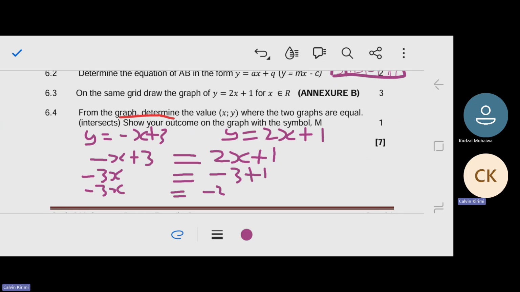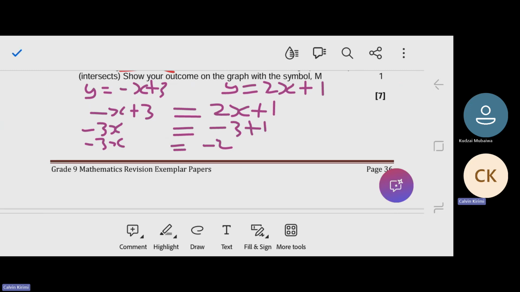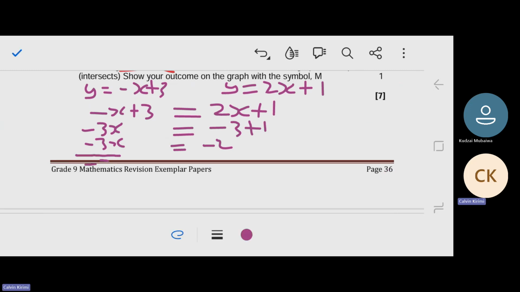So the correct value for the point of intersection in the x, you divide by negative 3. Meaning that the x is going to be equals to 2 over 3.